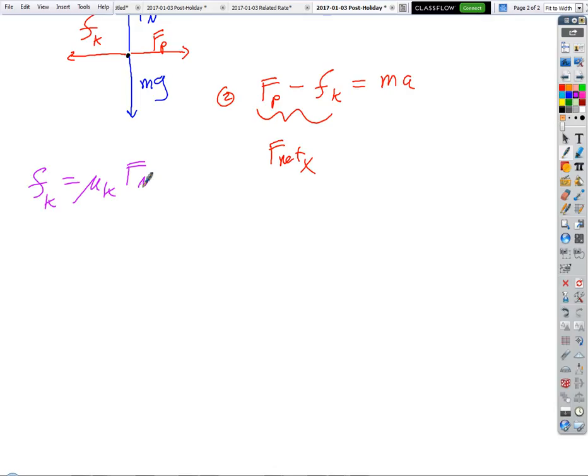A lot of traction. So what would be a mu sub k that's more than one? It would be like rubber being slid across a rubber surface, because the rubber deforms and molds to itself. It's sort of like cheating a little bit. There's almost a little bit of adhesion going on there.